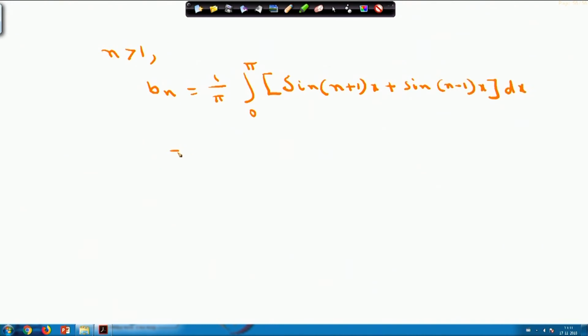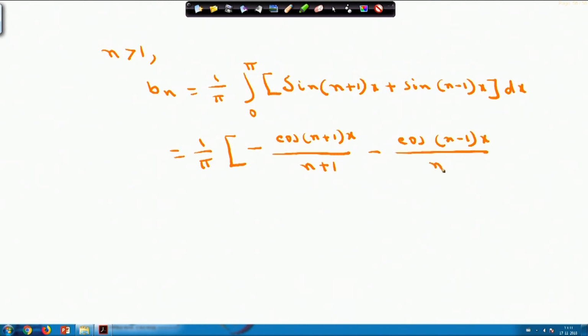So, you can evaluate it easily. The result of the integration will be minus cos of n plus 1 into x by n plus 1, minus cos of n minus 1 into x by n minus 1, 0 to pi.